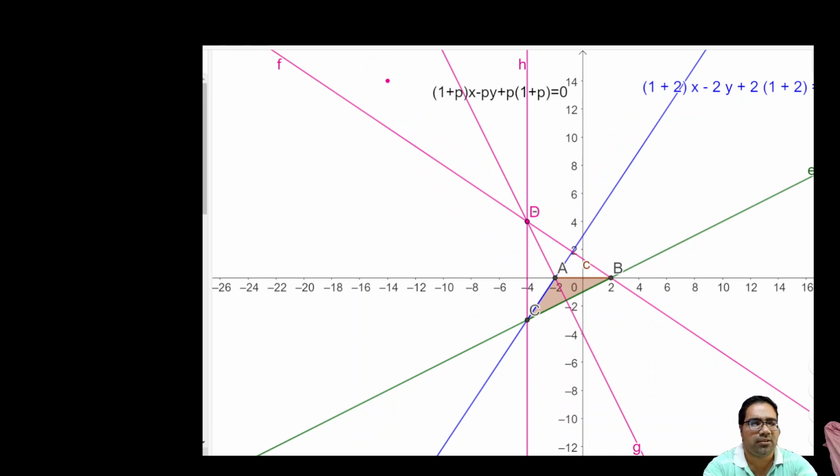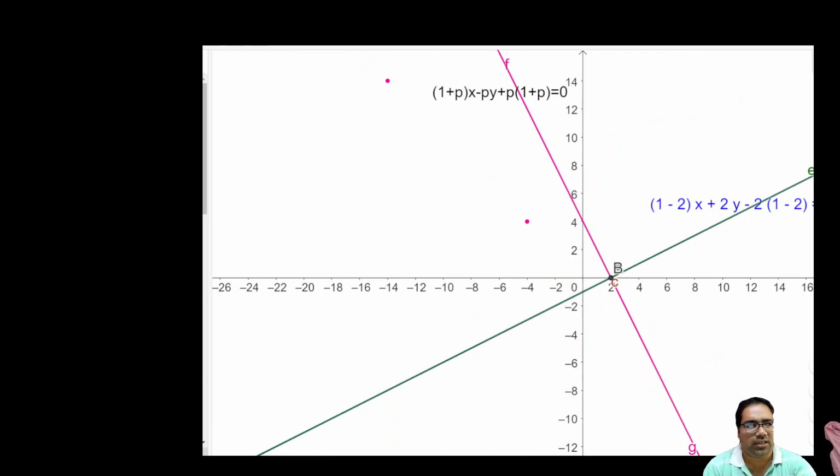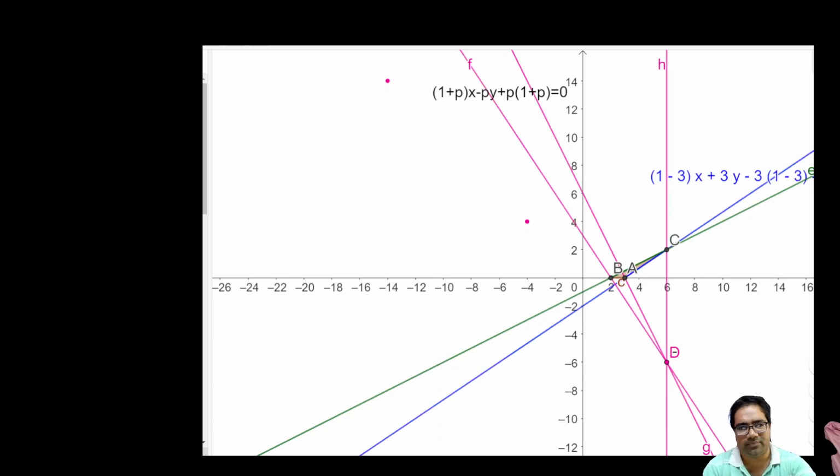When p is, let's say, −3, then the x-intercept is −(−3), which is +3, and the y-intercept is −3 + 1, which is −2.